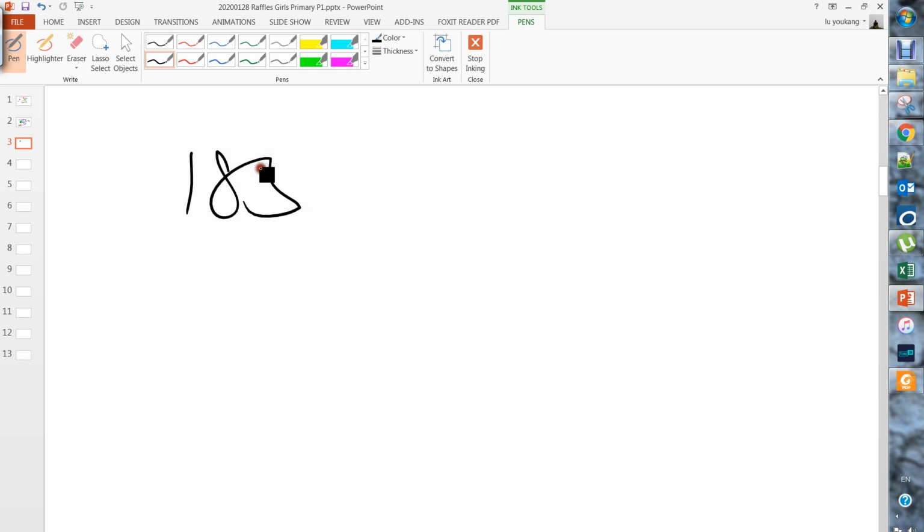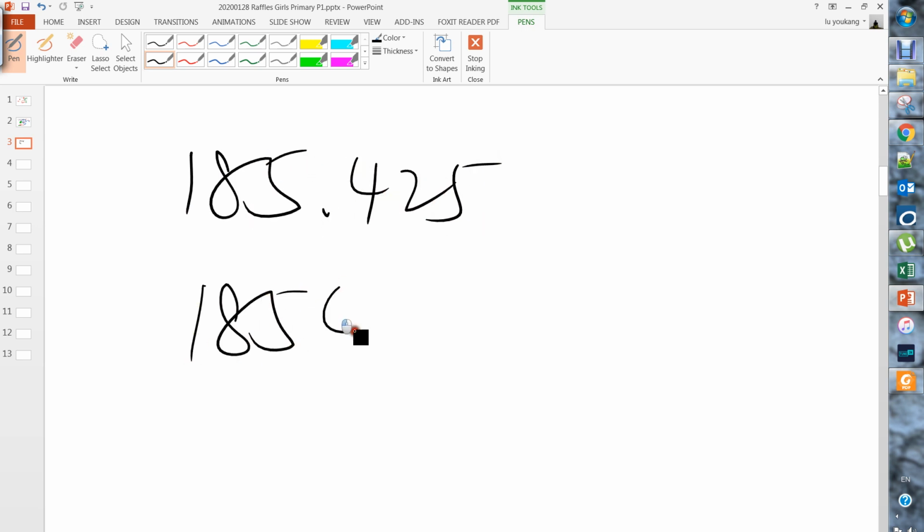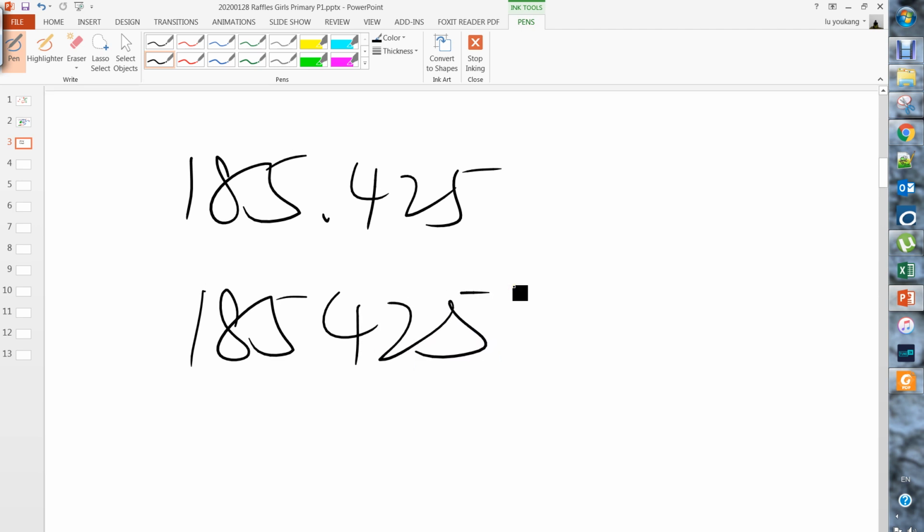People can give you 185.425, and people can give you 185.425, and you take these two as the same number. That means to you, the one always starts from the 5, regardless whether there is a point here or no point here. The one always starts from this 5.